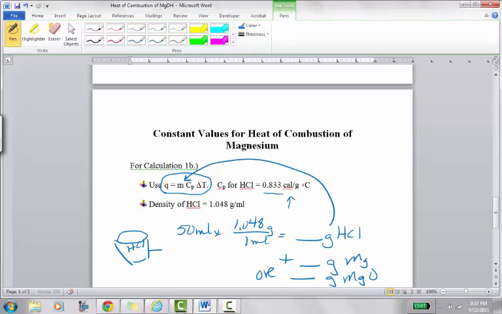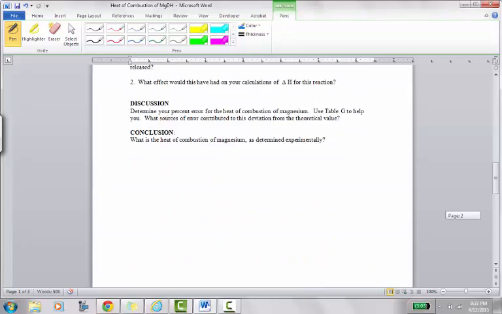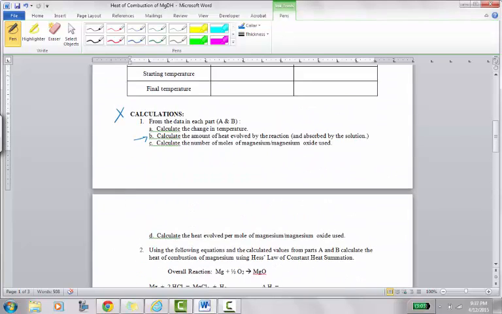It was either magnesium in part A, or MgO in part B. So the total mass of whatever was in that styrofoam cup goes in here, times the specific heat. We'll just use hydrochloric acid for the most part, since that was the majority of the mixture in the cup, and delta T is the change in the temperature. Using that information will give you the answer to 1B.